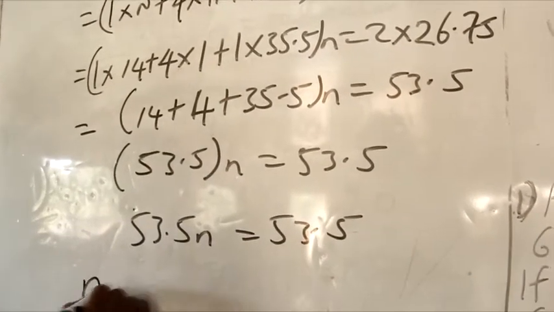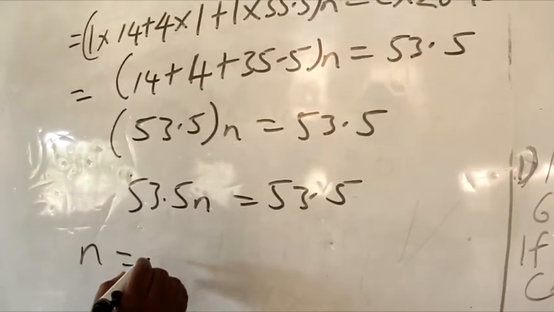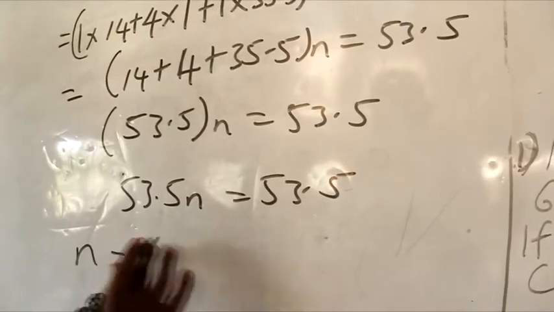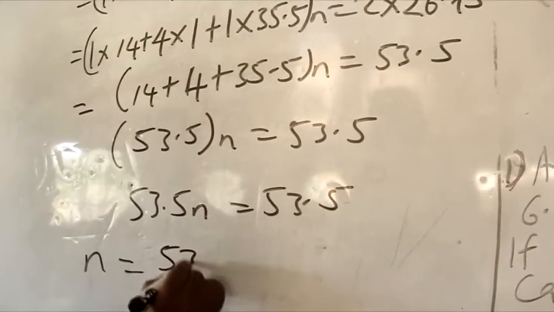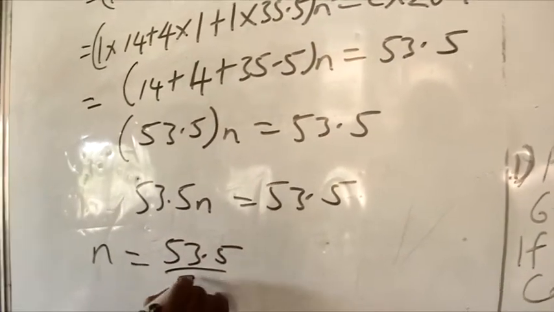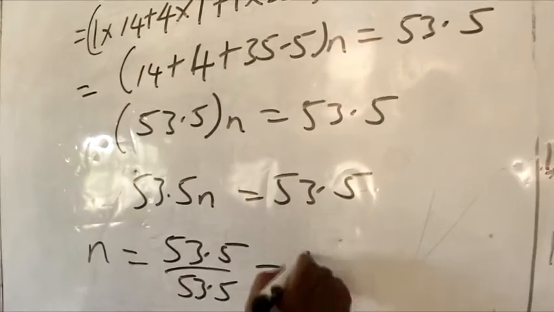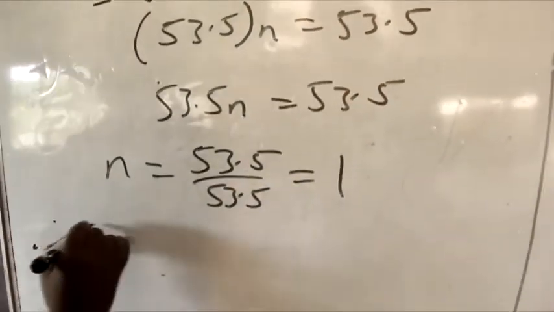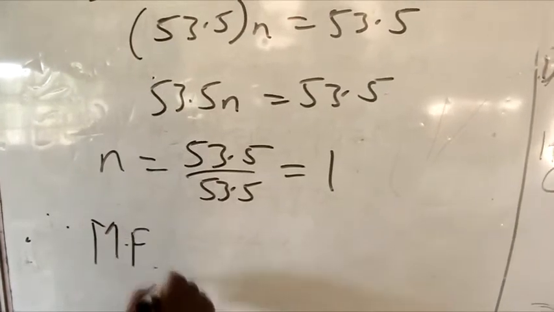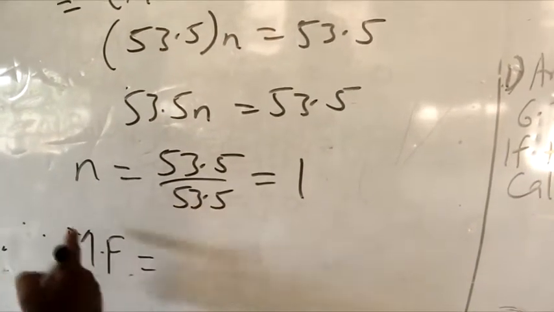Now in this case, N will be equals to, dividing both sides by 53.5, 53.5 over 53.5. This will give us 1. Therefore, you can see that the molecular formula in this case is the same thing as the empirical formula.